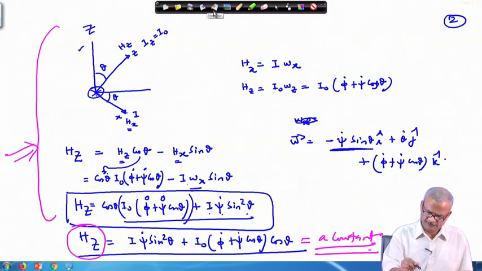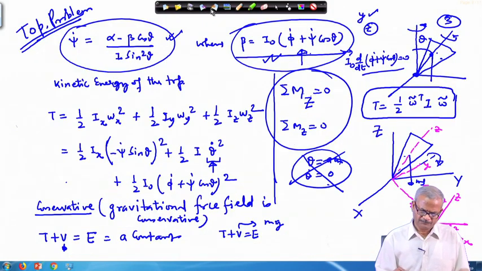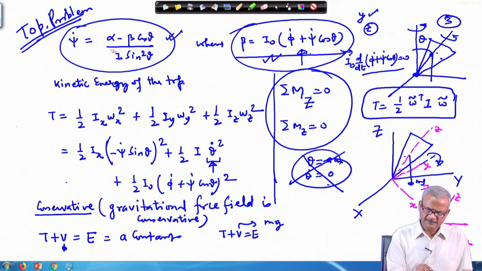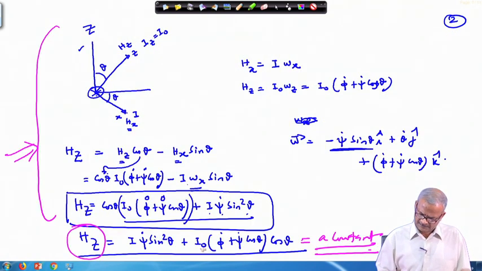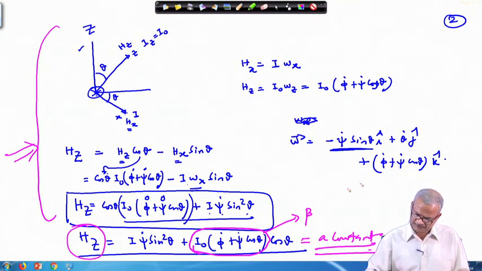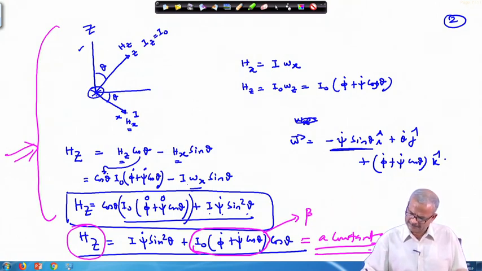Okay. So, thereafter we defined, from our earlier equation, this quantity as beta, and this quantity as alpha.